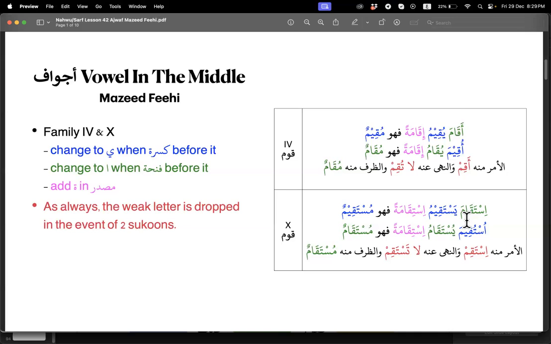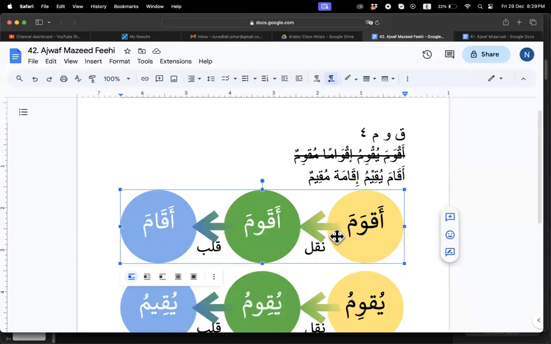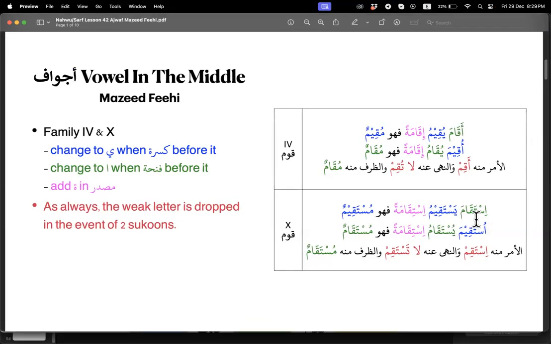And then the change is the same: you do naql and then change to alif. So you get istaqama, yastaqimu, istiqamatan. Exactly the same thing happened, just that the word is longer.